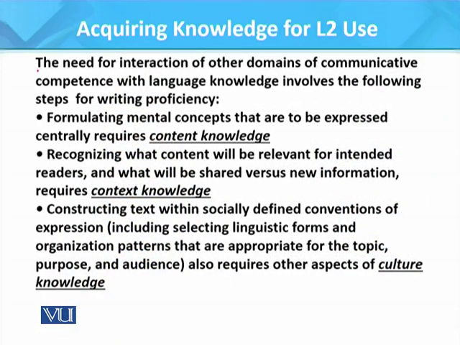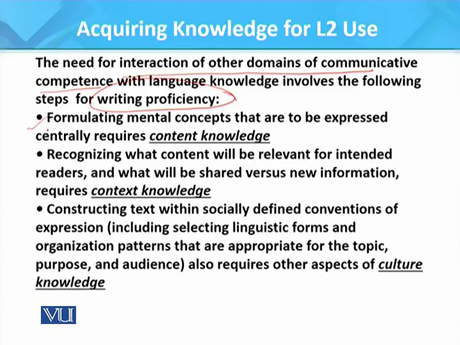It is considered that the need for interaction of other domains of communicative competence with language knowledge involves the following steps for writing proficiency. So in order to develop writing proficiency, the other domains have to be considered and their interaction needs to be looked at.